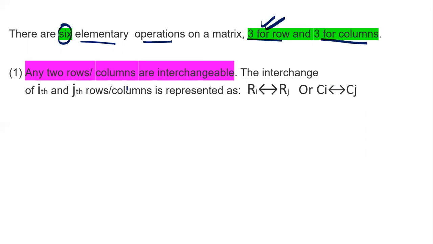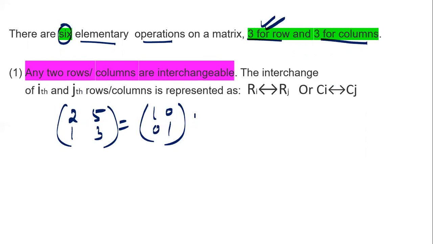If we want to make some change, we can interchange. For example, this is the matrix, A equals IA. I have taken this example. According to my pattern, what will I do? First agenda will be to make it 1.